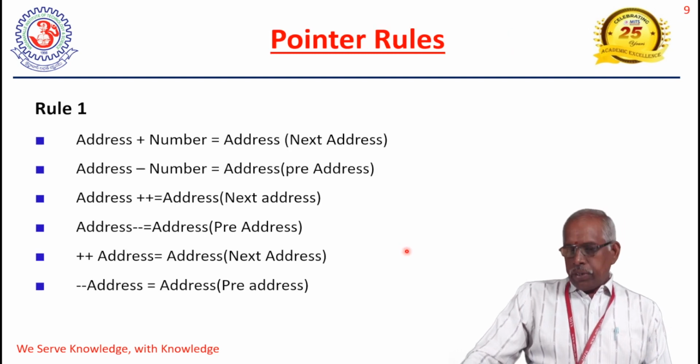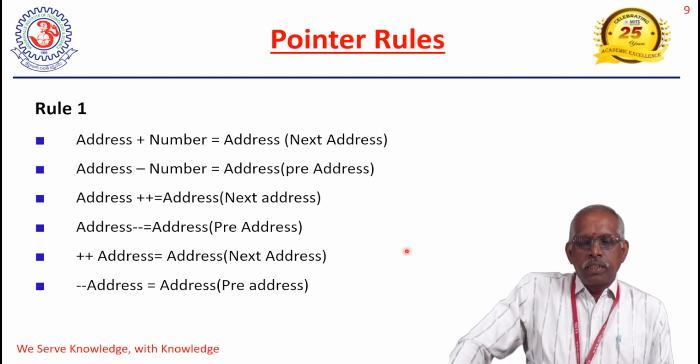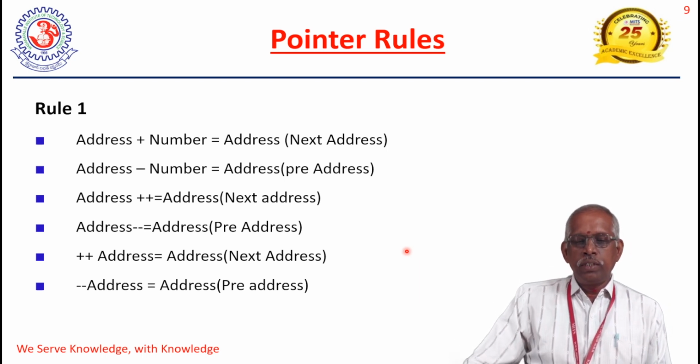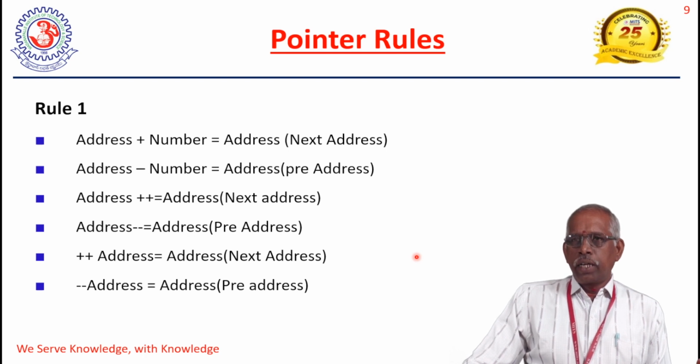And next, coming to the rules we should follow for using pointer concepts in our programming. There are some simple rules which will help us get memory access easily. Rule 1: I can do addition or subtraction, or increment or decrement, pre-increment, post-increment, pre-decrement, post-decrement, to get the next address and previous address also.